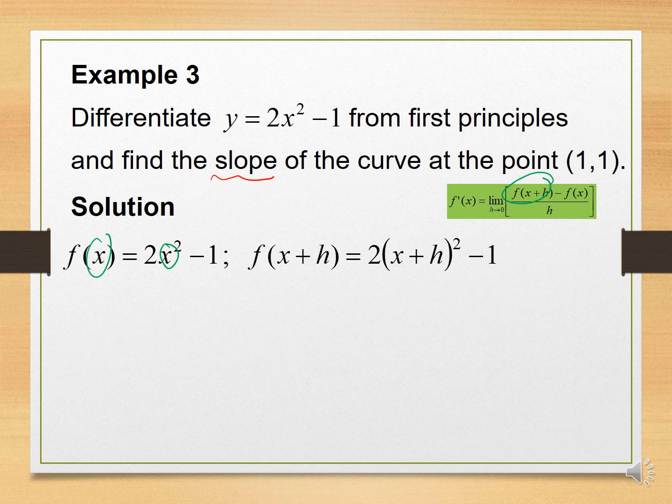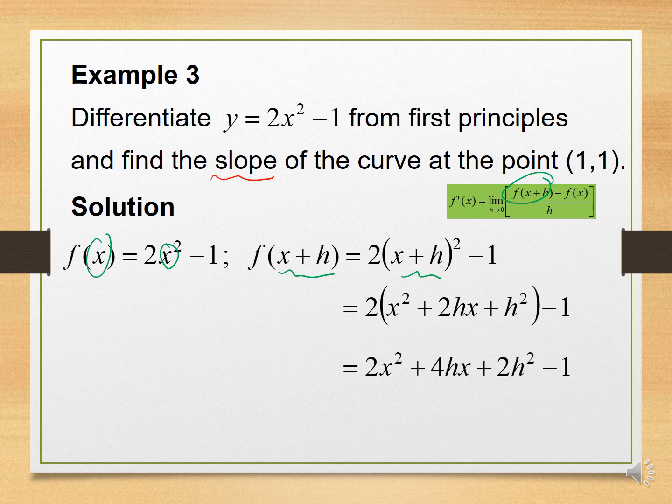Which you will get f(x + h) equal to 2(x + h) squared minus 1. Next we expand the bracket, where you will get 2 times (x squared + 2hx + h squared) minus 1. Then we expand again, which gives 2x squared + 4hx + 2h squared minus 1.